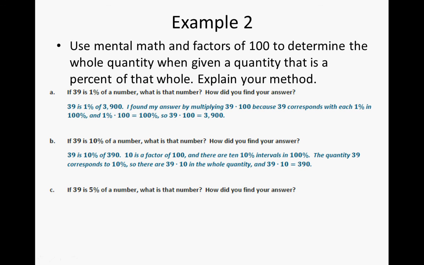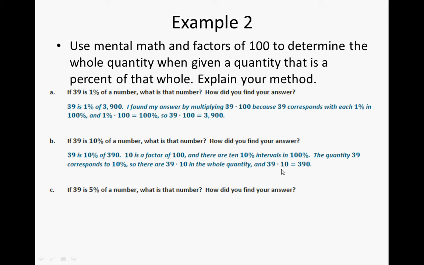What if 39 is 5% of a number? What is that number, and how did you find your answer? There's a couple different ways to do this, but if you think of the common factors of 5% and 100%, you would know that that would be 20. So you could do 20 times 39. Another way you can think of this is what is half of 390?